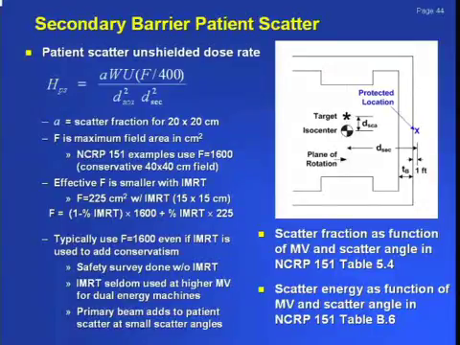Here is your patient scatter calculation. Again, here's your formula and all the factors that go into it. In our calculations, we have to assume a 40 by 40 field. We know you're not going to treat your average patient with a 40 by 40 field.